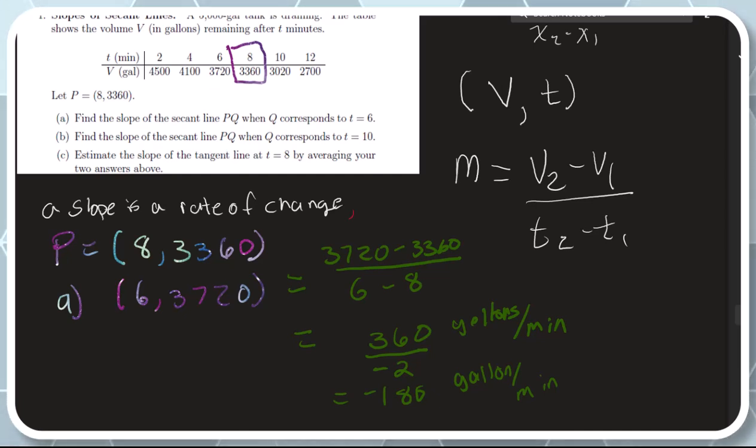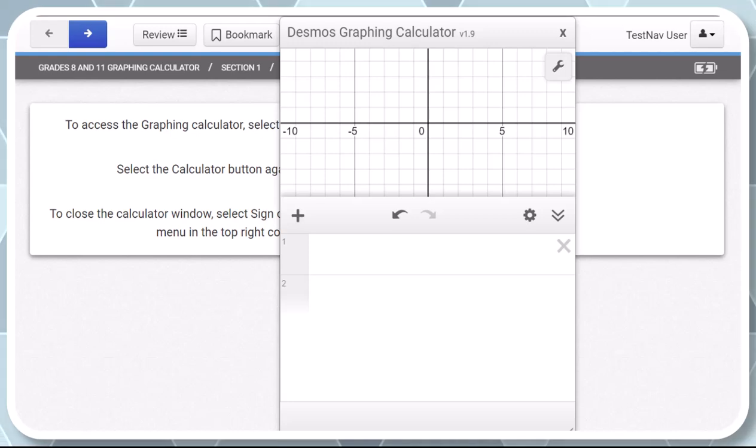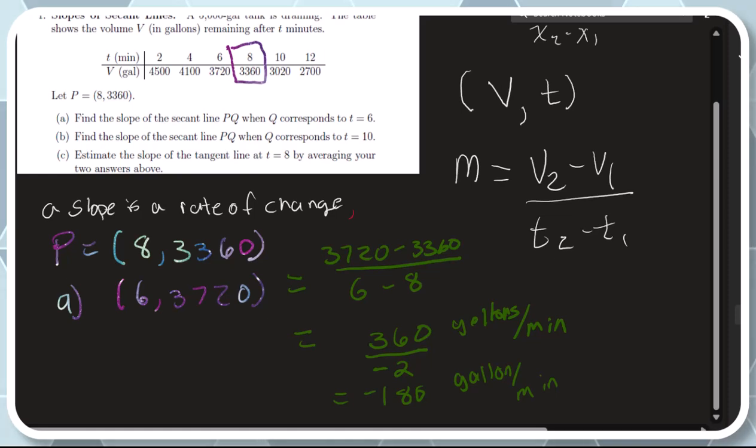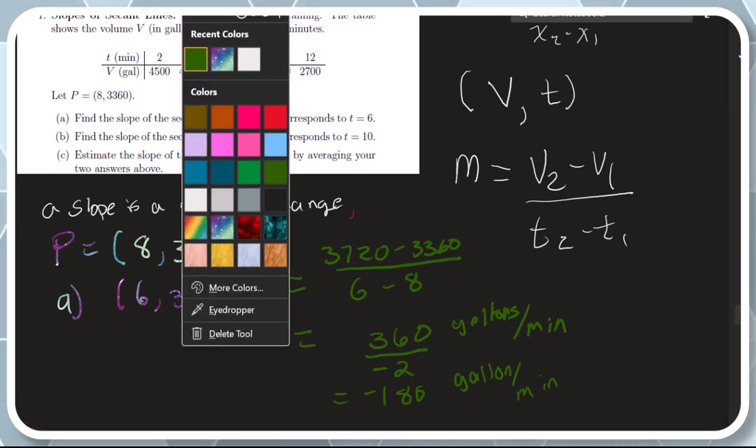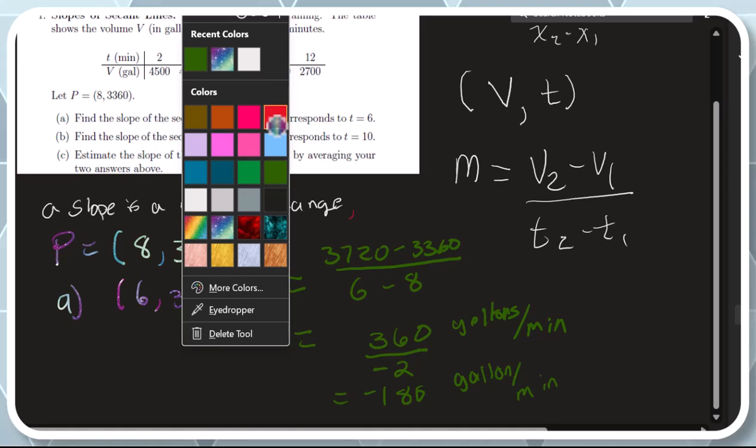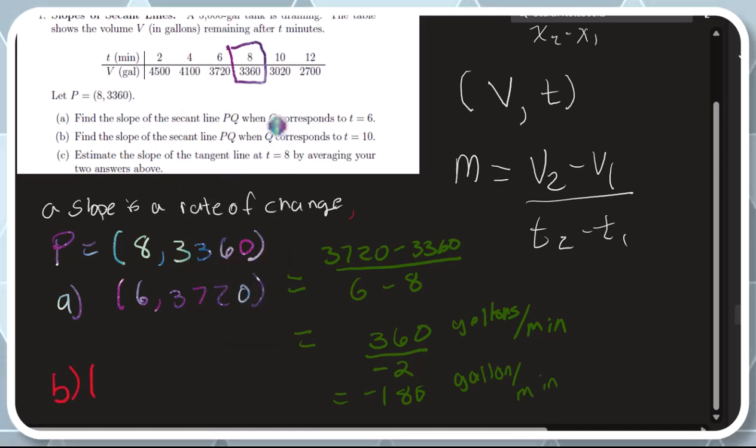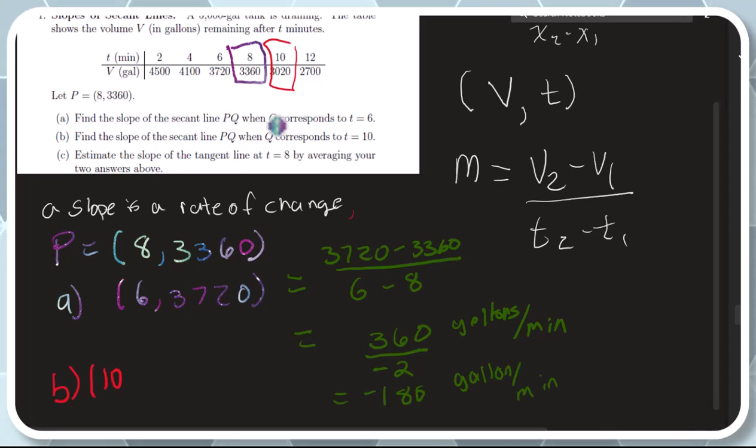Then you'll do the same thing for the other point. Our next point is when t is 10, so we have the point 10, 3020.